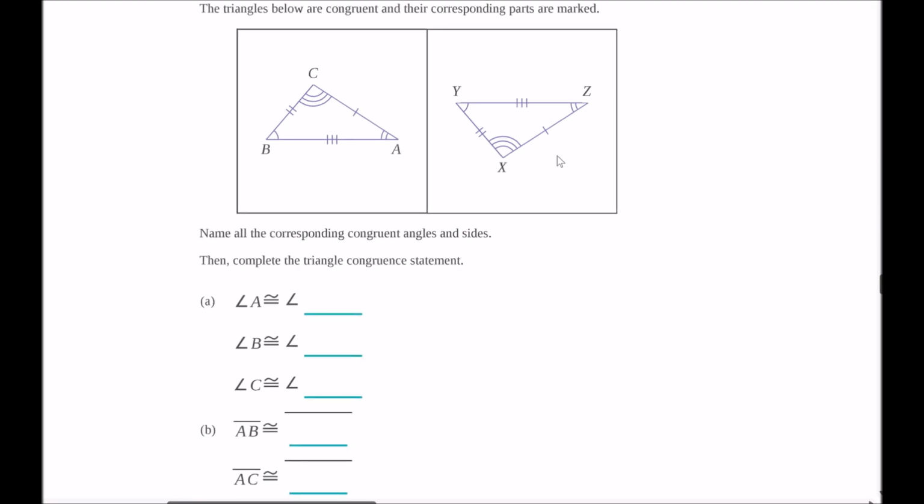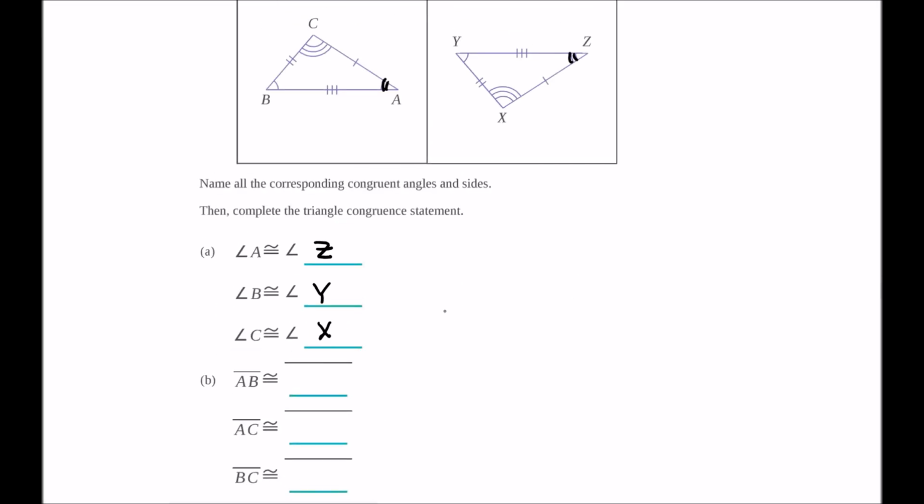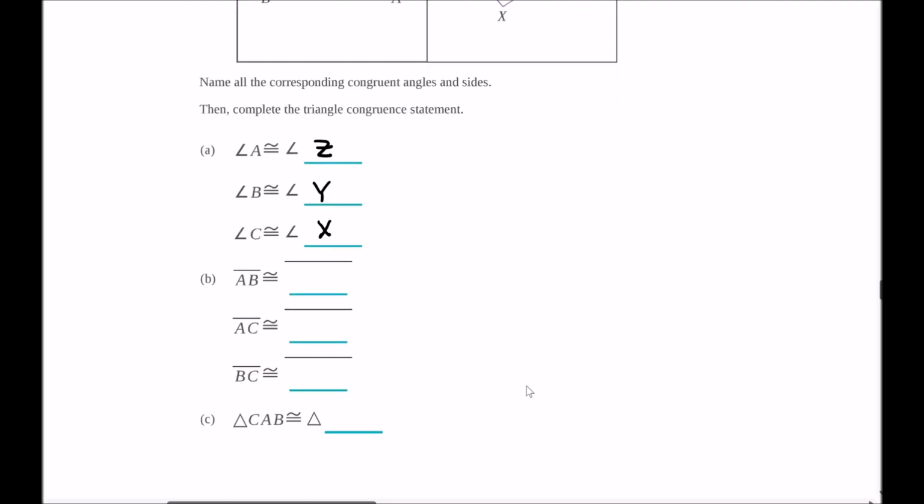Number 23, the triangles below are congruent and the corresponding parts are marked. Name all the corresponding congruent angles and sides. All right, so angle A has the double marks there, and so does Z. So A matches with Z, so angle Z. Angle B has the 1 mark, and so does Y, so angle B is congruent to angle Y. Angle C has the 3 marks, and so does X, so it's congruent to angle X. Now side AB has the 3 marks, and so does this one, so it goes to side ZY or YZ, same thing.